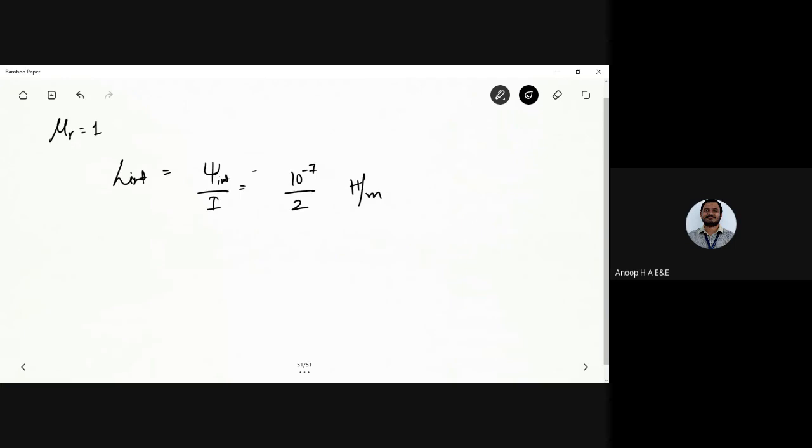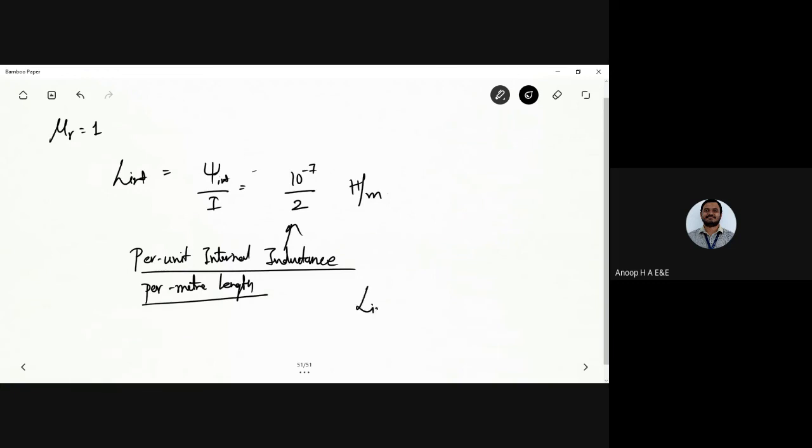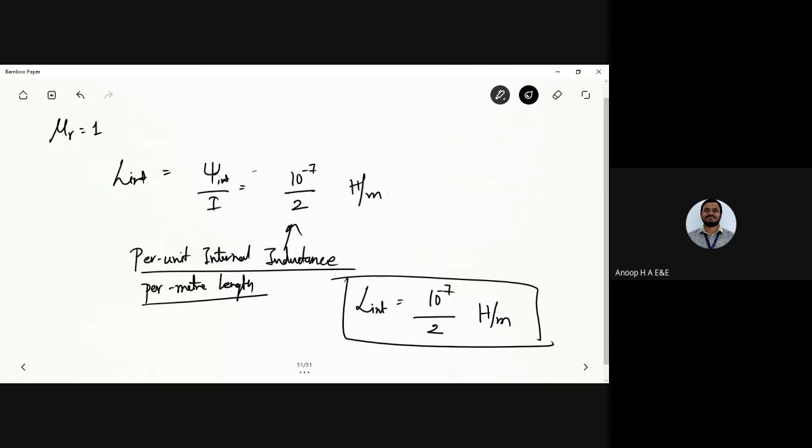So this is the per unit internal inductance we have got. Per unit meaning per meter length. So L internal is 10 power minus 7 divided by 2 Henry per meter.